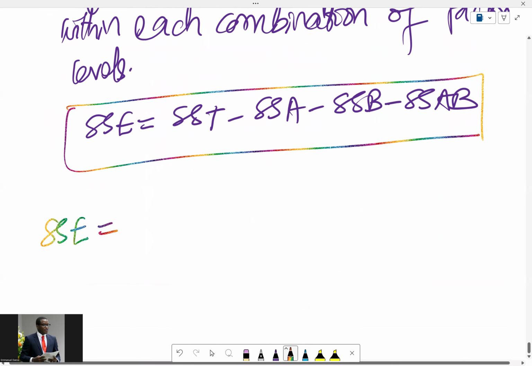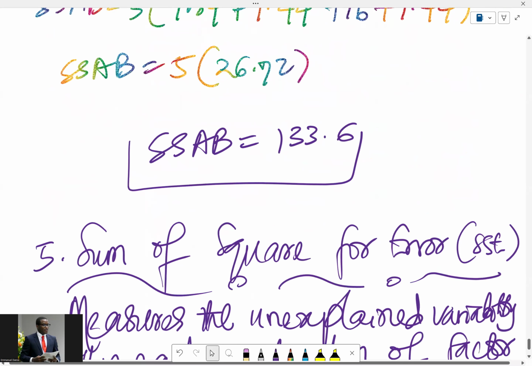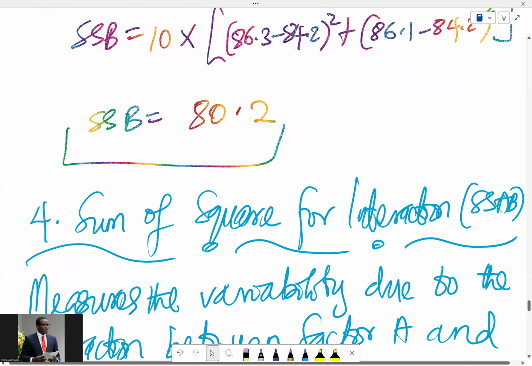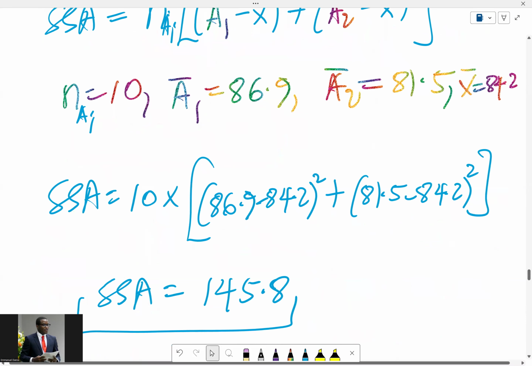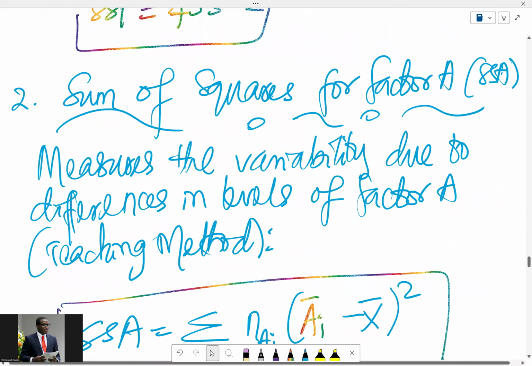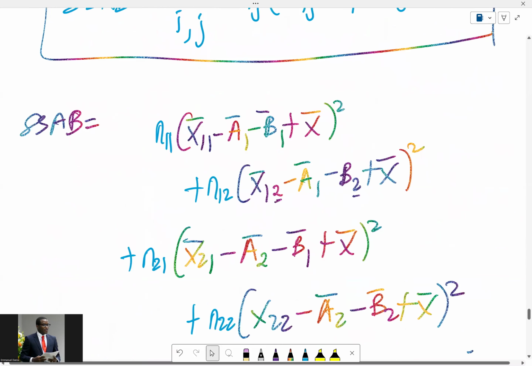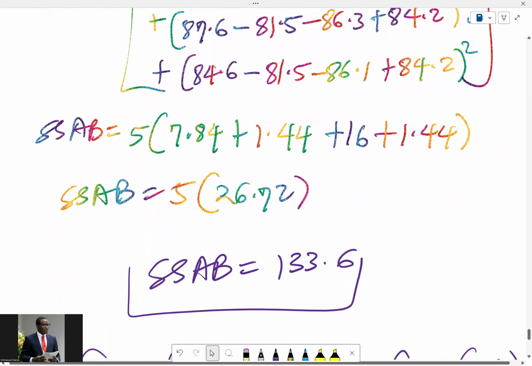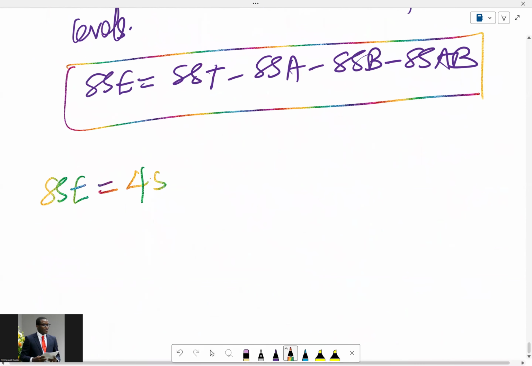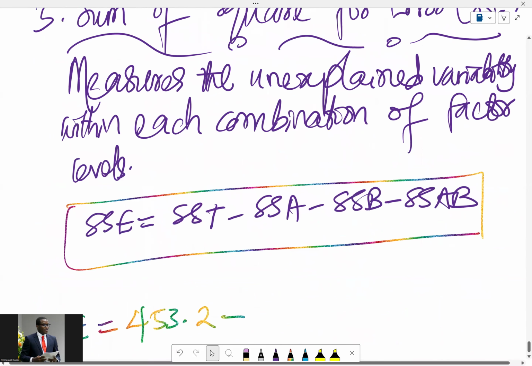SSE is equal to, what is sum of squares total? Sum of squares total again that we got is 453.2. That is our SST. 453.2 minus SSA.